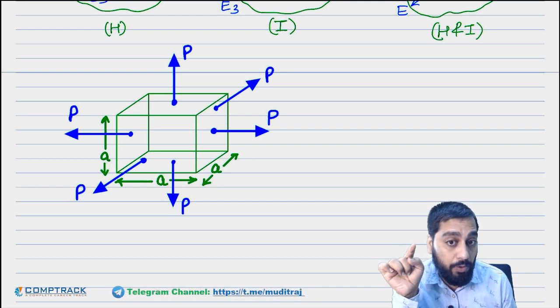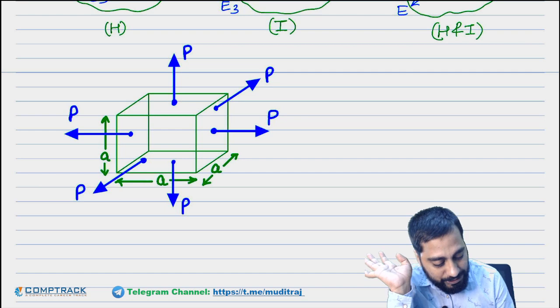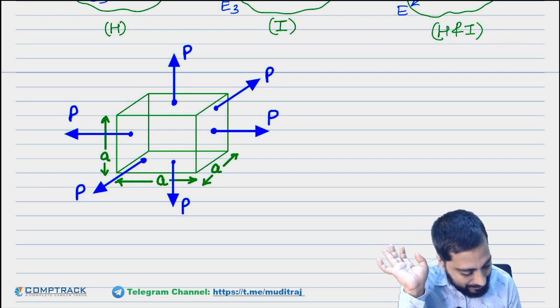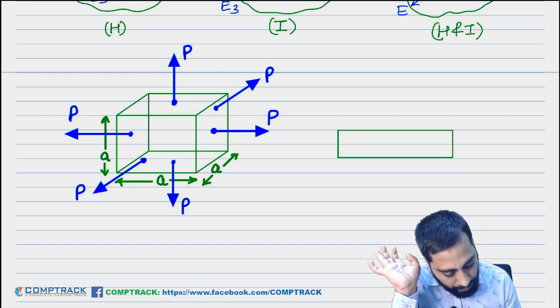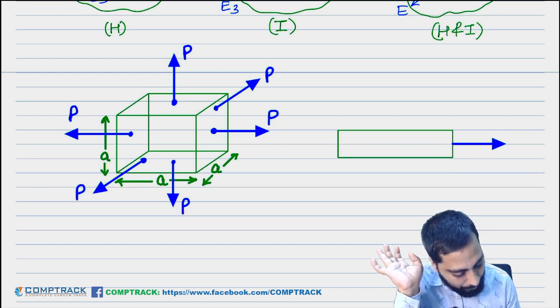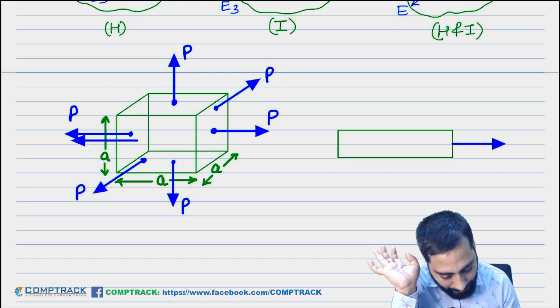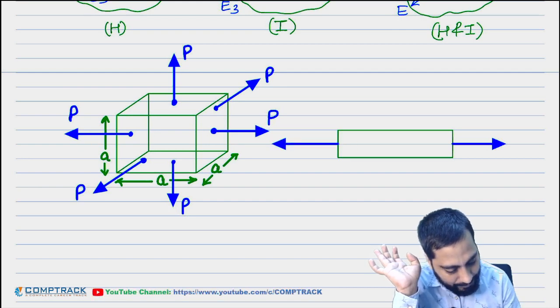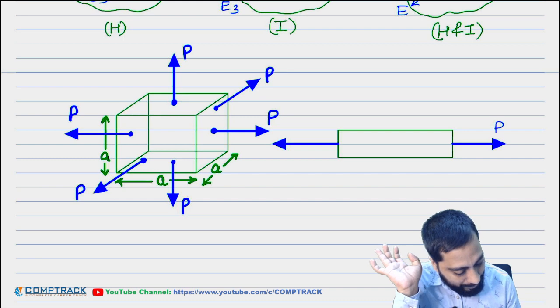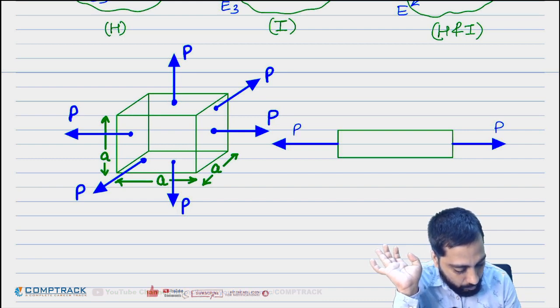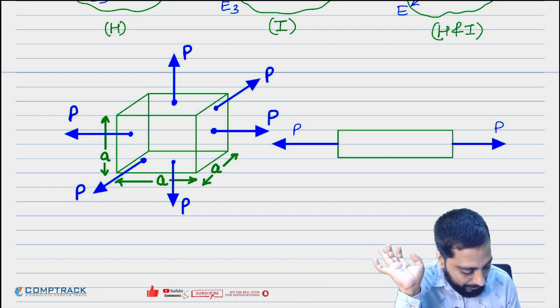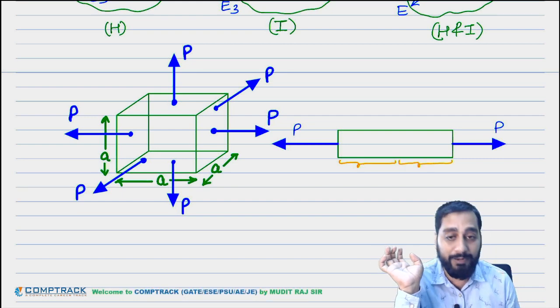What is the property of homogeneous? Let's say this is a bar. If you apply P force here and P force here, then whatever elongation is happening in this part, L by 2, the same elongation must happen in this part, L by 2.